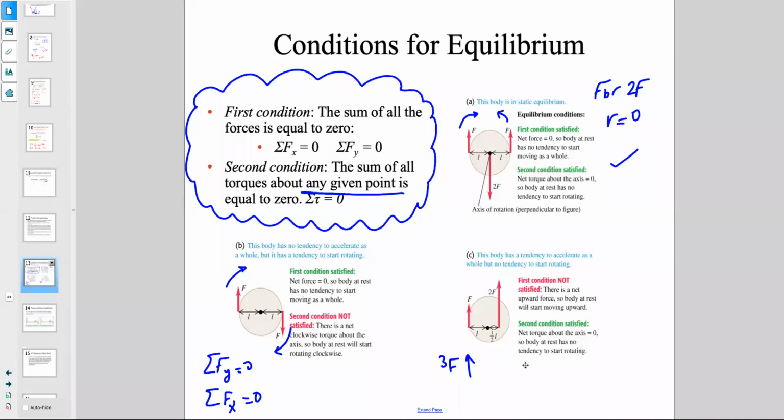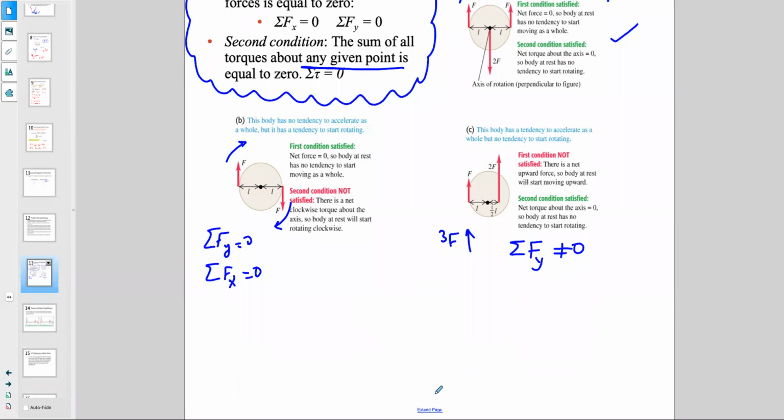So the net force along y direction is not 0. So the first condition is not satisfied, but the second condition is satisfied. If you're looking at this, you have an F acting in the distance L around this point, which is the axis of rotation, causing the object to rotate clockwise, okay?